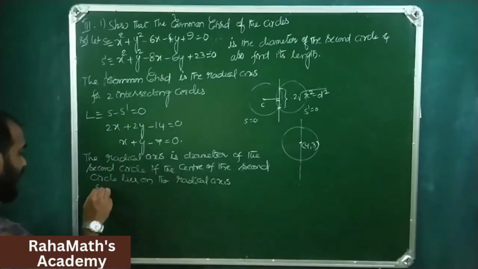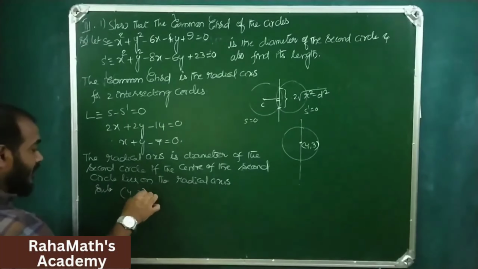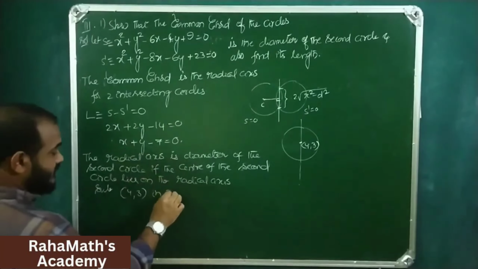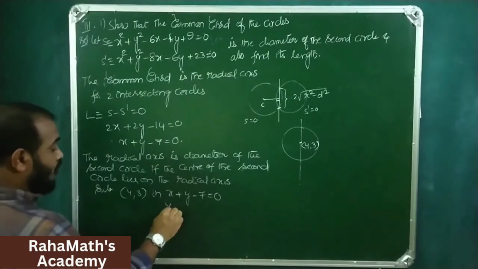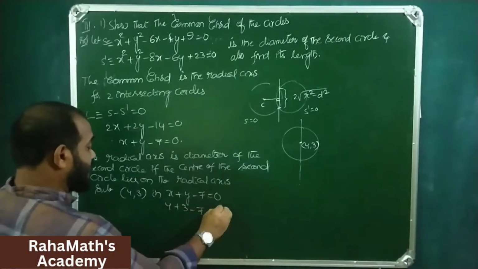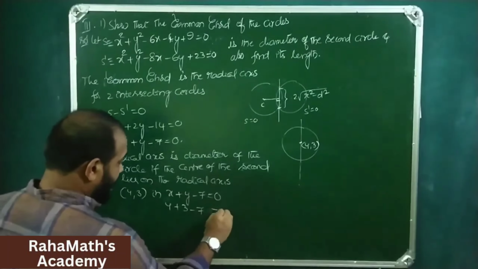So substituting 4, 3 in x plus y minus 7 equals to 0. Therefore, 4 plus 3 minus 7 equals to 0. Therefore, this is satisfied.